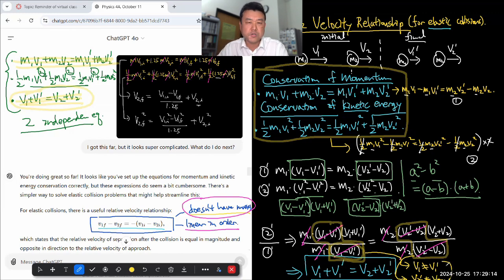Now, consider looking at this. What kind of solution do you have when v1 is equal to v1 prime? And what kind of solution do you have when v2 prime is equal to v2? It's the trivial solution. It's the solution where nothing happened, where two things are colliding and they just pass each other. So initial velocity of an object is equal to its own final velocity.